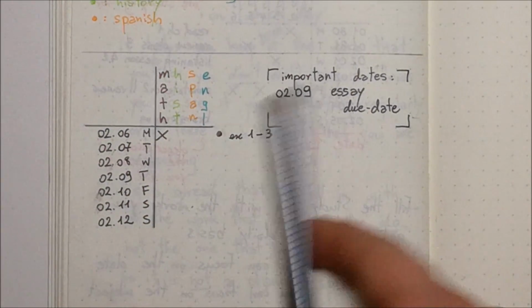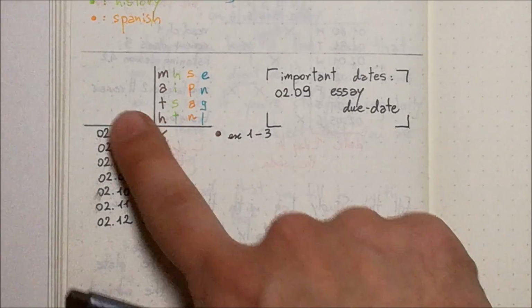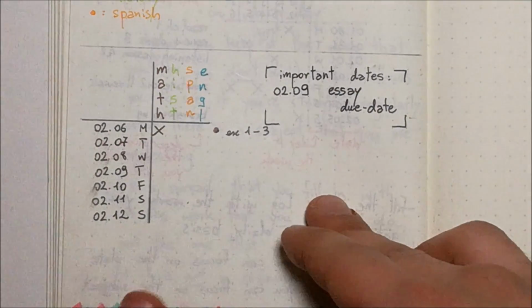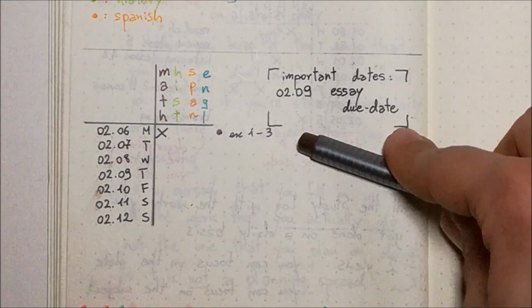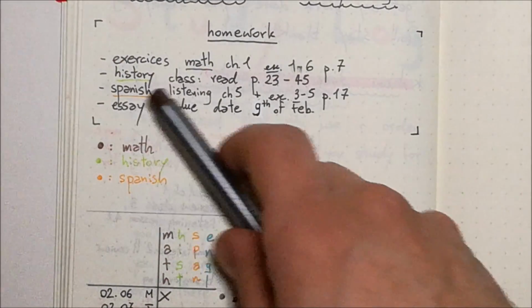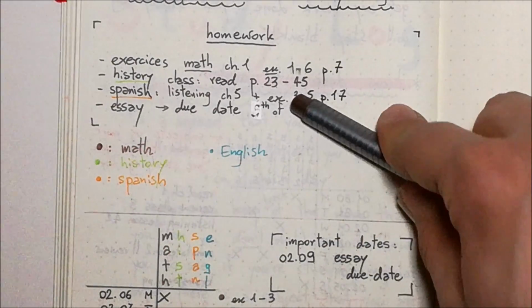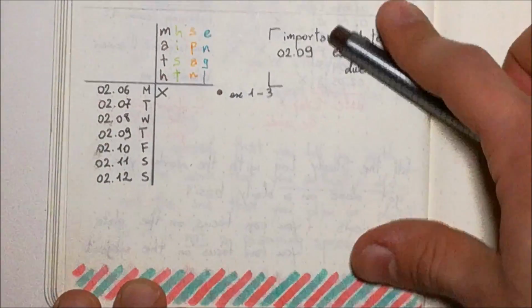As you can see, I use the color dot in here according to the subject so that it's really clear to me what I did on what subject. Then let's say that you study for your Spanish class and you do exercise 3 of page 17, for example.